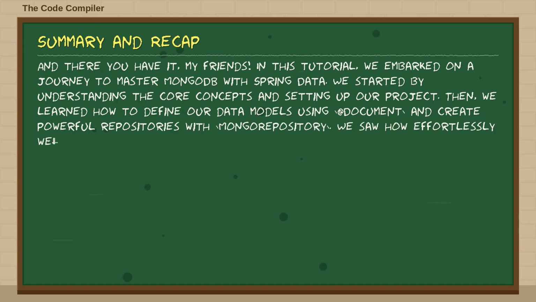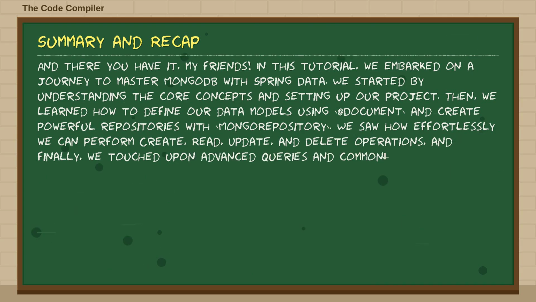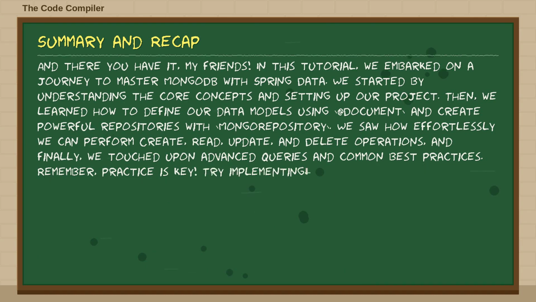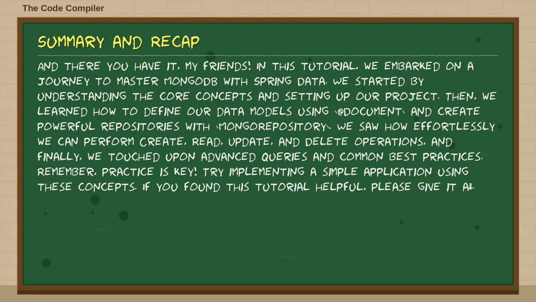We saw how effortlessly we can perform create, read, update, and delete operations, and finally, we touched upon advanced queries and common best practices. Remember, practice is key. Try implementing a simple application using these concepts.